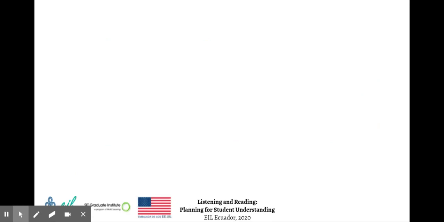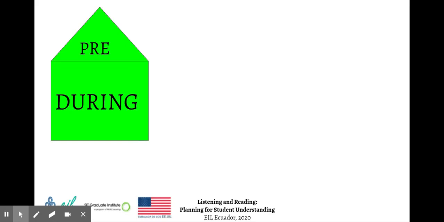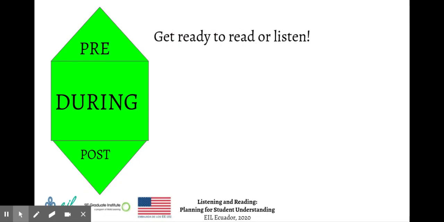So looking at what we're going to be doing with this material, we're just going to line it up in a very simple framework that I call pre, during, and post. So for each piece of material, I'm going to plan a different class with a pre-stage. The pre-stage is when the students get ready to read or get ready to listen.